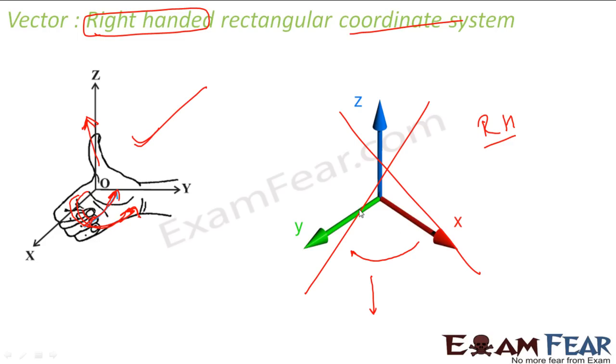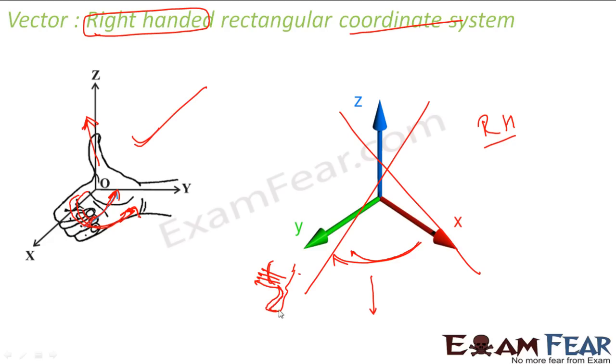In this fashion, if you see, I'm moving from x to y, let's suppose, right? You move from x to y, and then you see that it looks like this actually. You have 4 fingers, right? And then your thumb is here actually. So this is how your hand is actually. Okay.